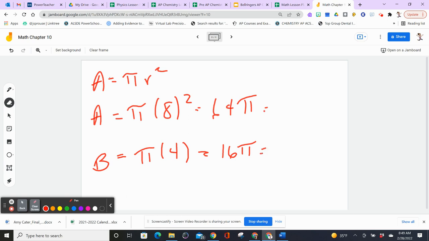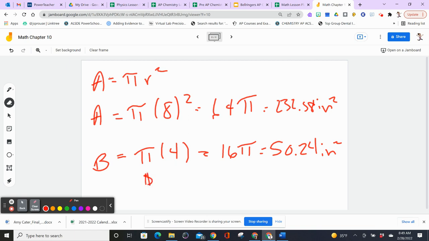So 64 times 3.14 is 201 inches squared, and 16 times 3.14 is 50.24 inches squared.